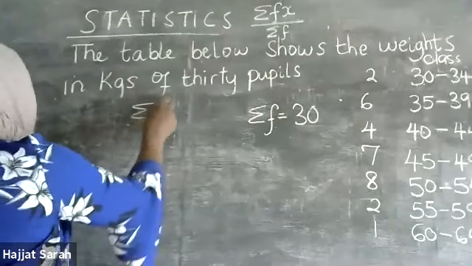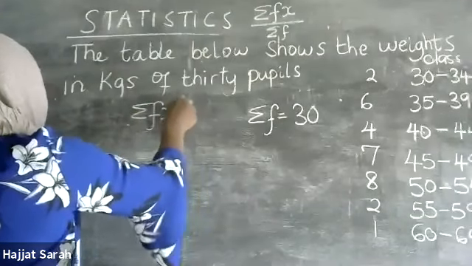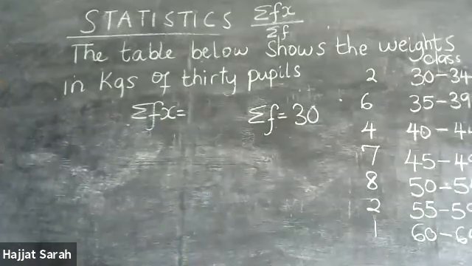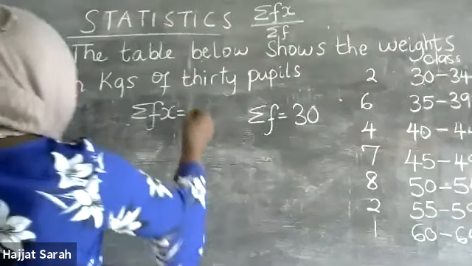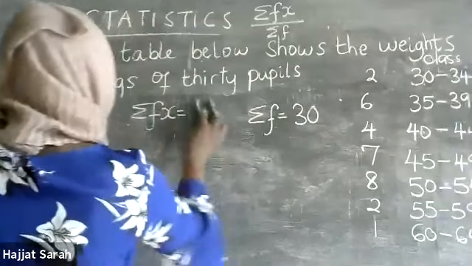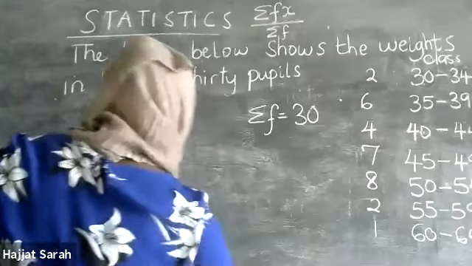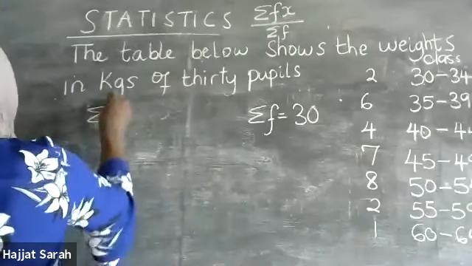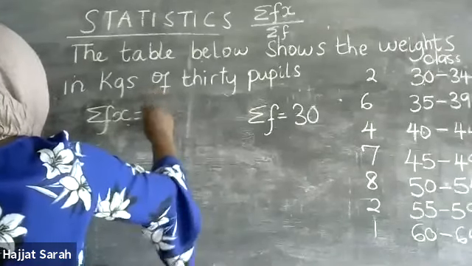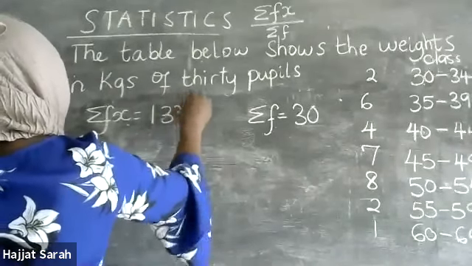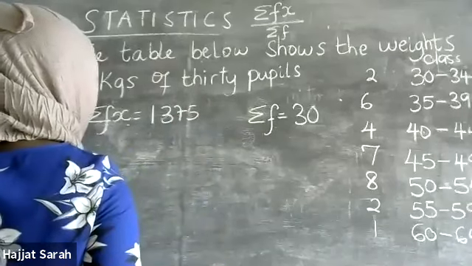So can you tell me your total summation of FX? What do you have? Summation of FX. 1,375. Yes.